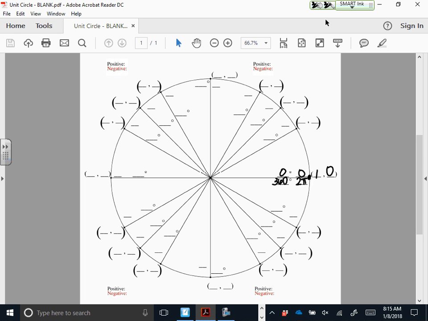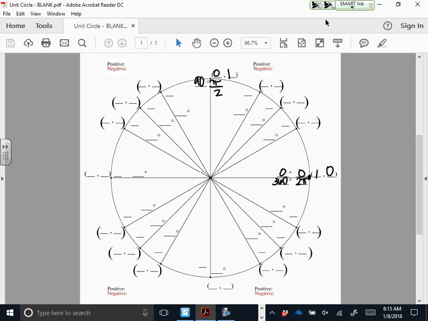Okay. Let's go to this angle up here. What's the degree measure? 90, which is how many radians? Pi over 2. Okay. What would the xy coordinate here be? 0, 1. Okay.